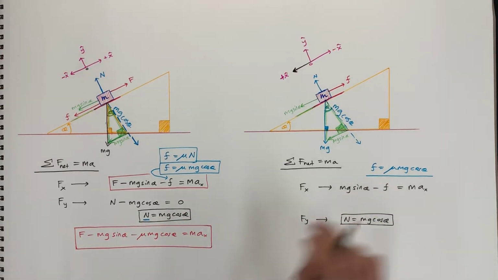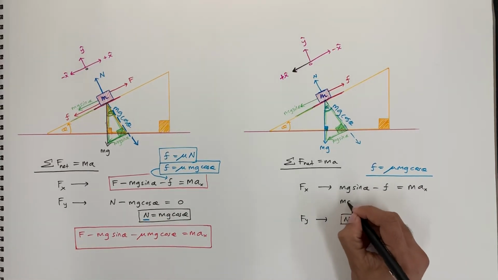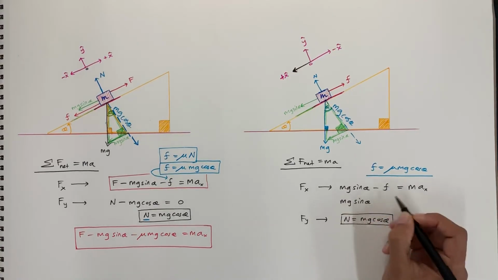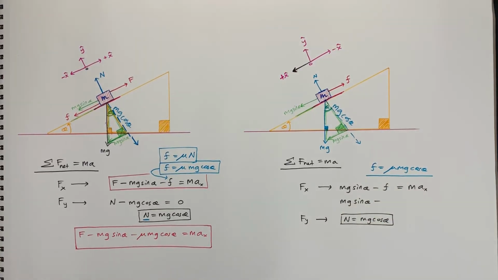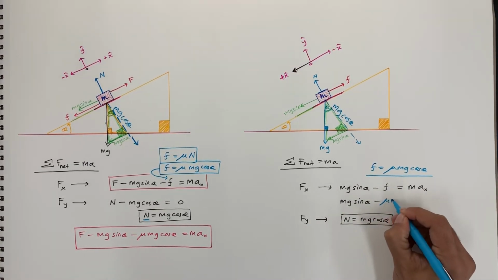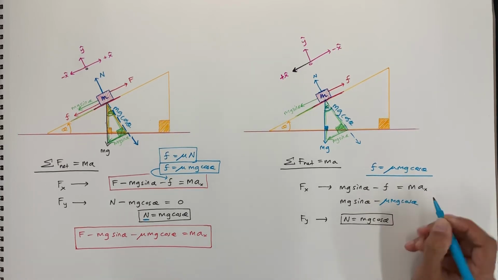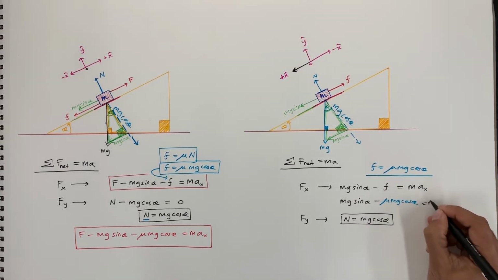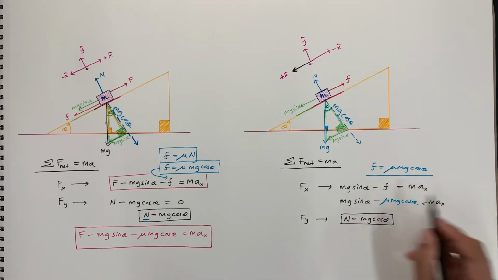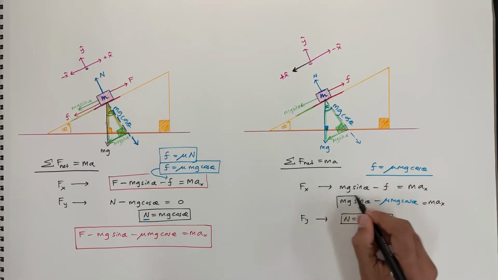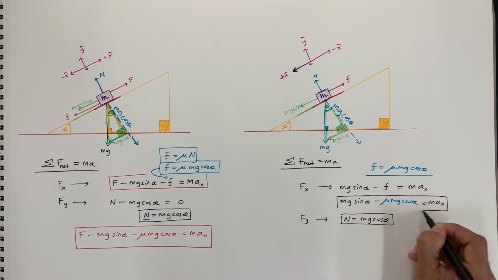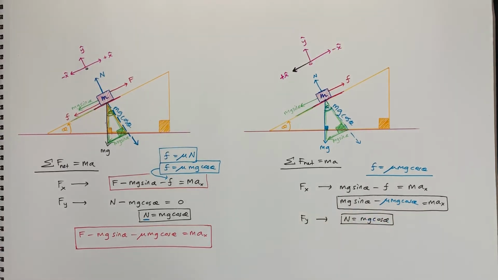So now we plug that into the f, and we get mg sine theta minus mu mg cosine theta equals max. All right, so we can use this equation here to solve for things that we need.